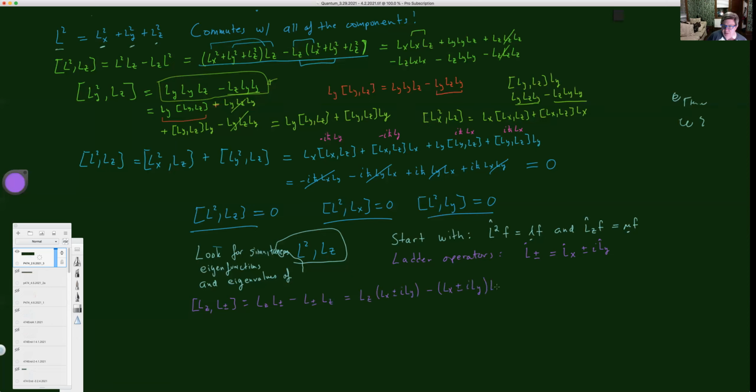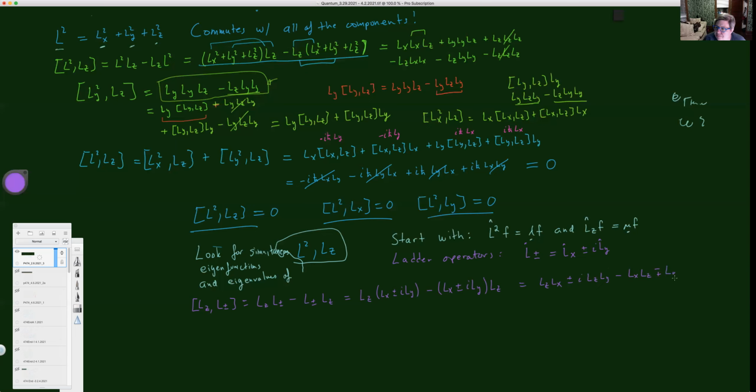You can see we'll probably be able to write these in terms of other commutators. So let's multiply through where we can: Lz Lx, plus-minus i Lz Ly, minus Lx Lz, and then minus-plus i Ly Lz, because we have a minus sign here.